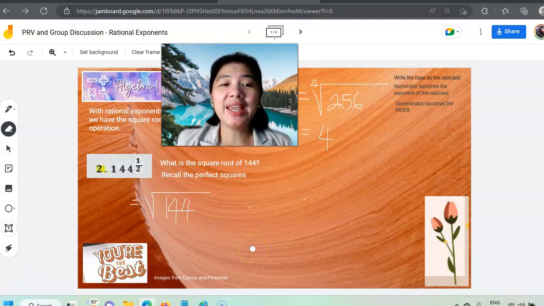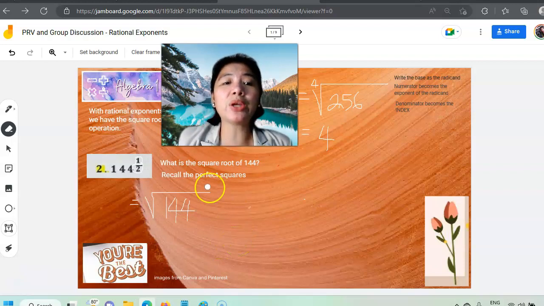If the radical symbol does not have an index, it is understood that the index is 2. The radical symbol without an index is called square root. So this is now the square root of 144.